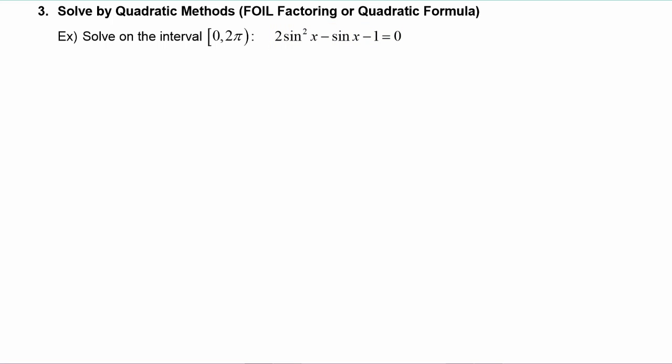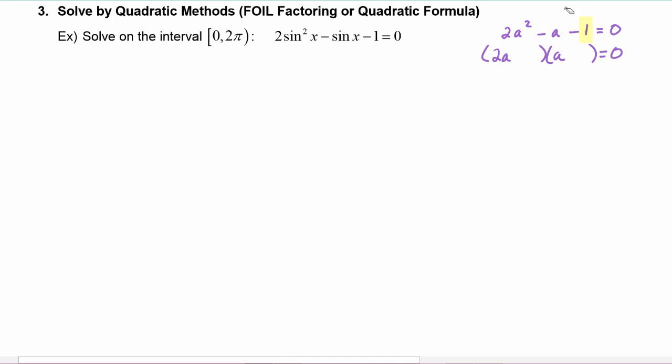Now, remember back in your Algebra 1 days, you would get equations that look like this: 2a squared minus a minus 1 equals 0. And you learn to do FOIL factoring on those. We know that in order to get 2a squared, we'll take 2a times a.